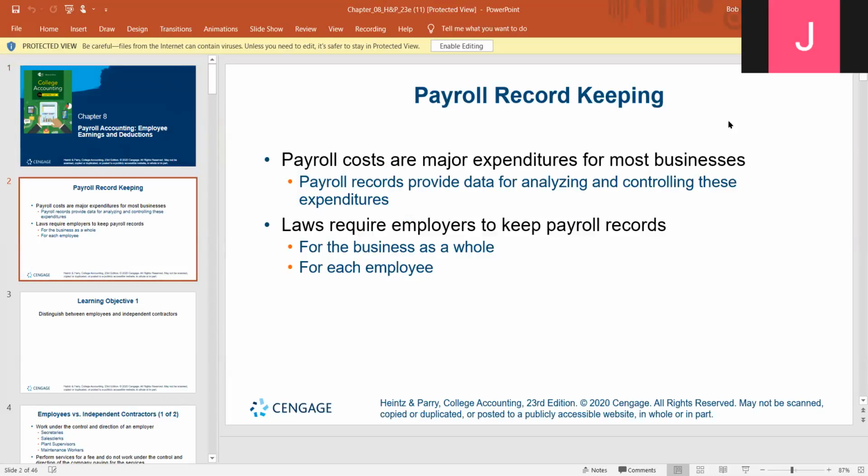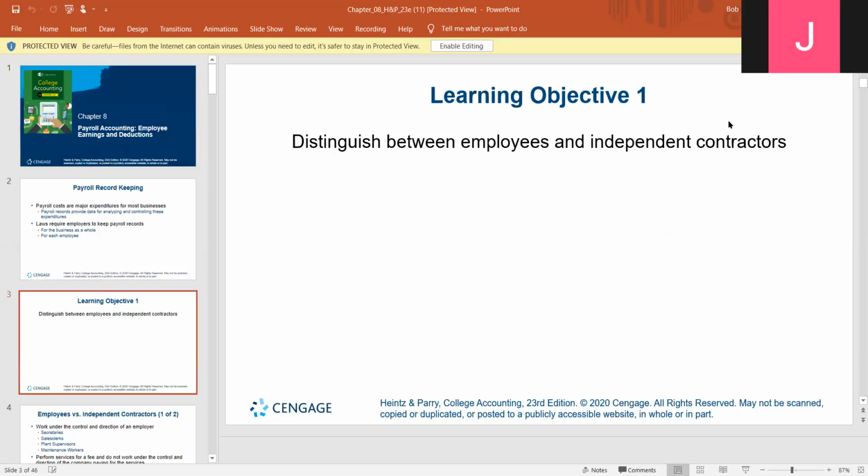They start off with talking about different types of payroll record keeping. We'll go past this. This is an important issue right here. I'll talk about it for a minute. The difference between employees and independent contractors.